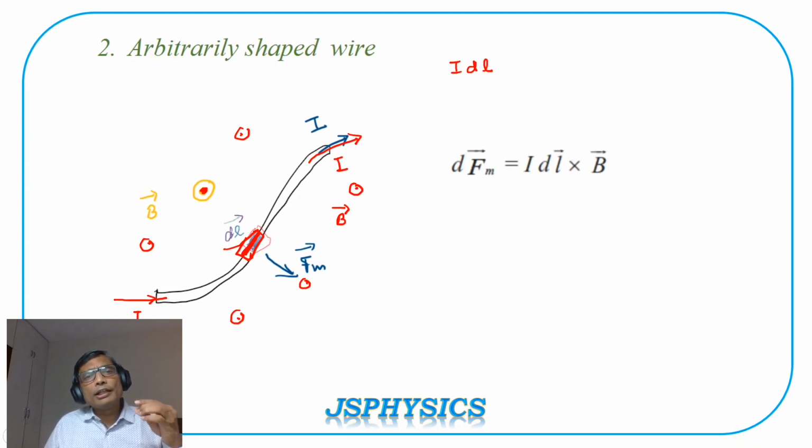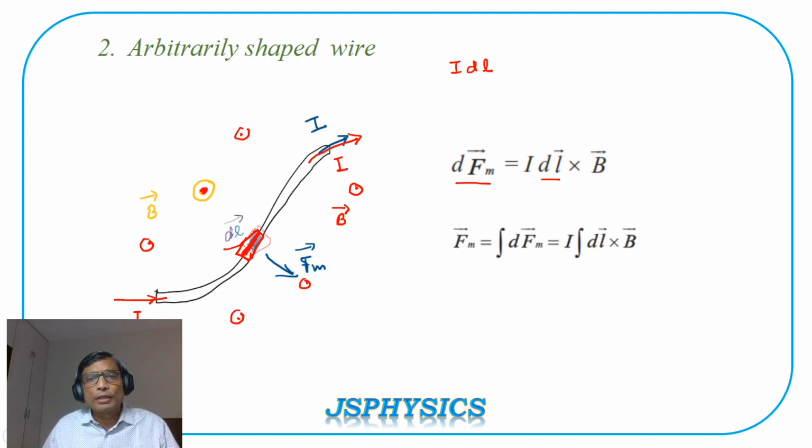Now, as the length of the conductor is small, dl, the corresponding force is also small. So we call that dFm. A small magnetic force will act on it. So it is given by I into dl cross B, similar to the previous formula which we have derived. And now the total force acting on the entire conductor we can find by integrating this.